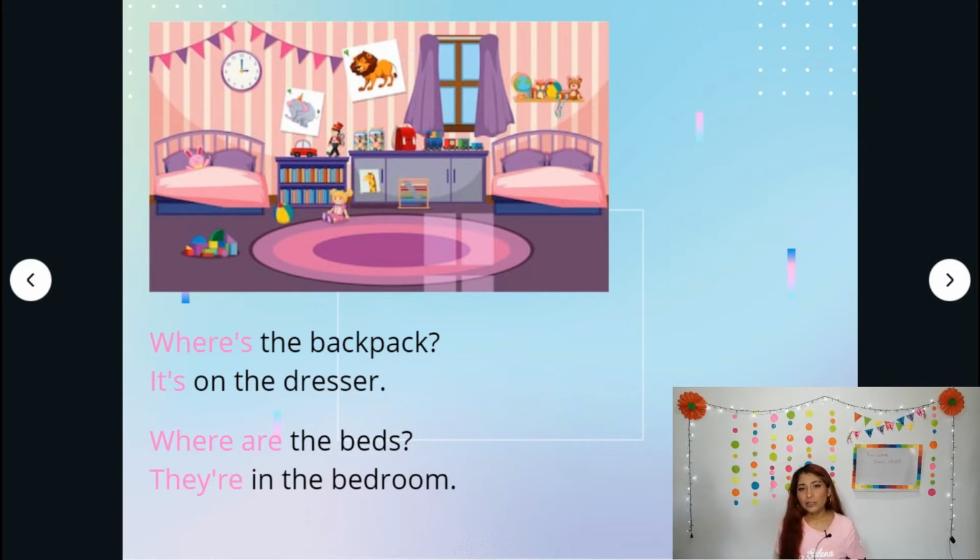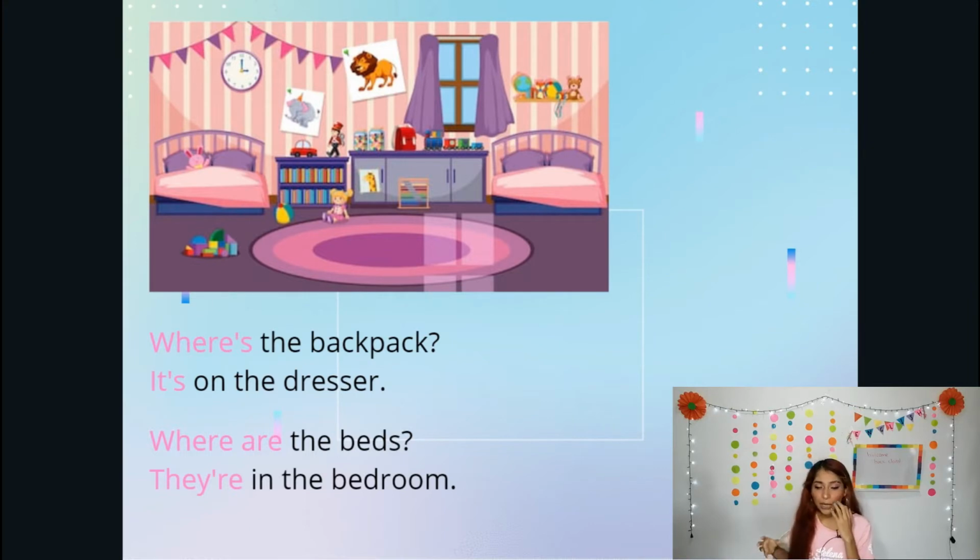So, if I want to ask about these objects, for example, in this case, I'm going to ask about the backpack. You can look at this, and the backpack is in red. Where's the backpack? You need to ask by starting with where's, or where is, the same. Where's the backpack? ¿Dónde? And you might say it's, because it's singular. It's on the dresser.